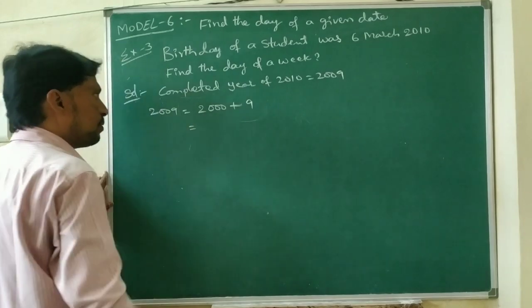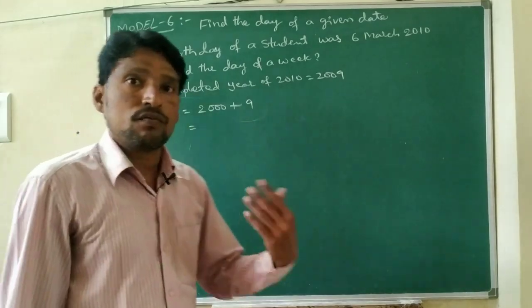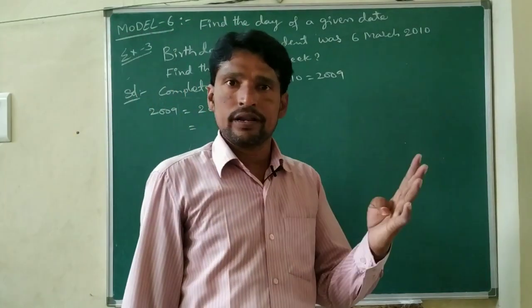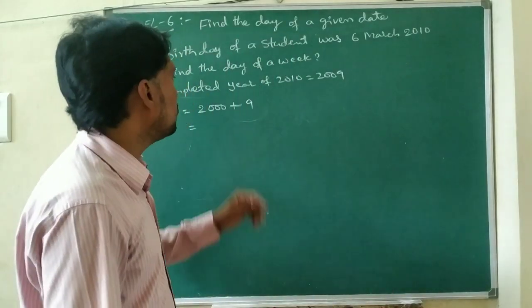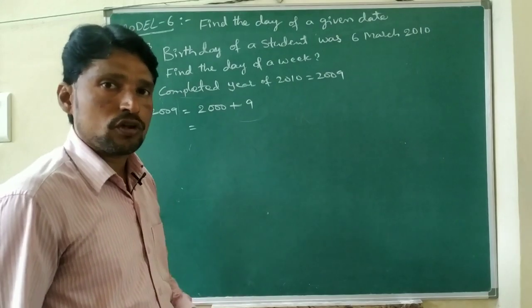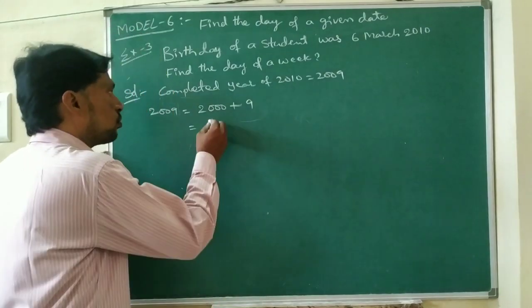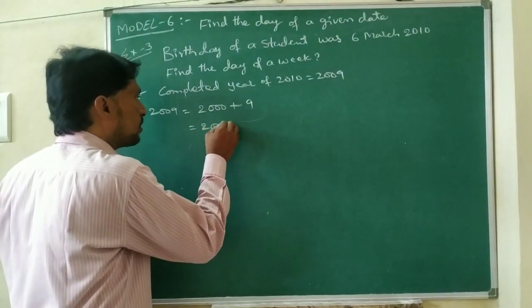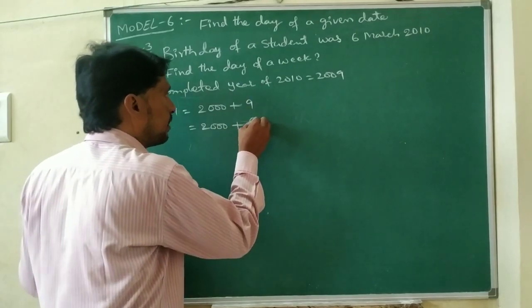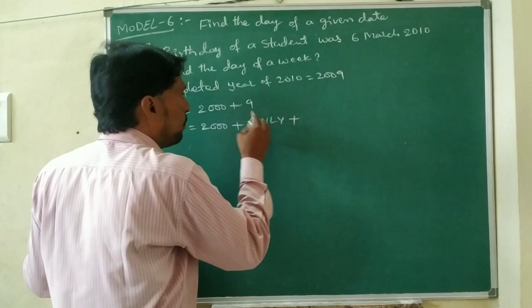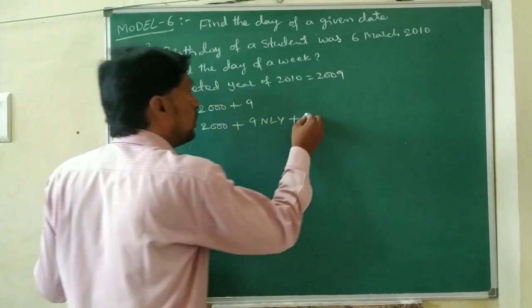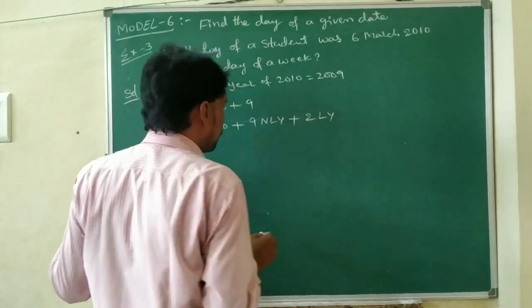So 2000 it is the multiple of 400. Centuries 400, 800, 1600 and 2000, 2400 we are getting. So 2000 as it is only I am taking, plus 9. 9 means 9 non-leap years, plus in 9 years we have 2 leap years.